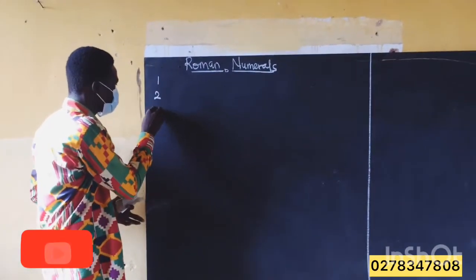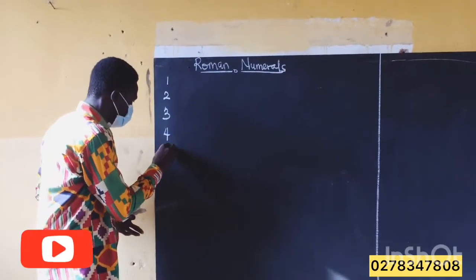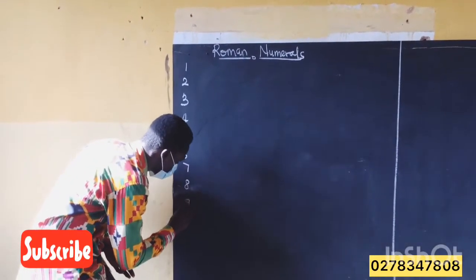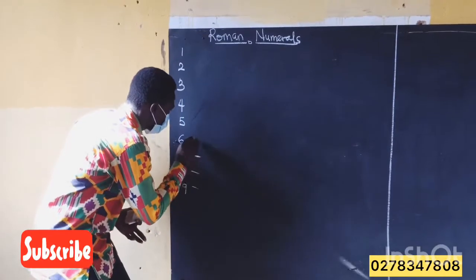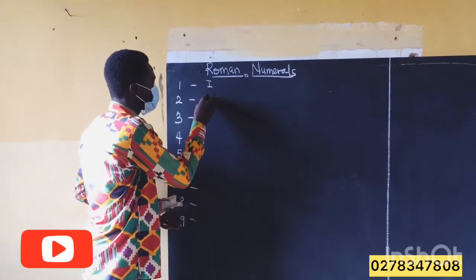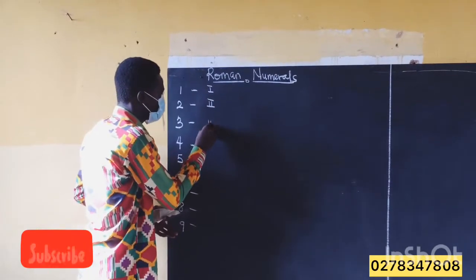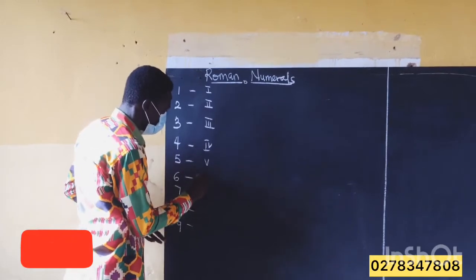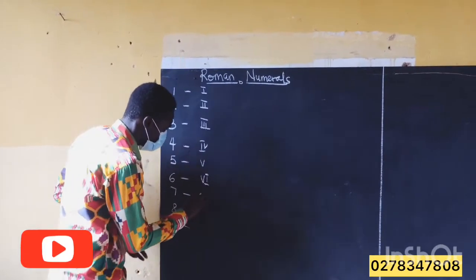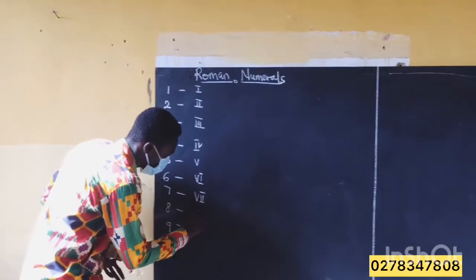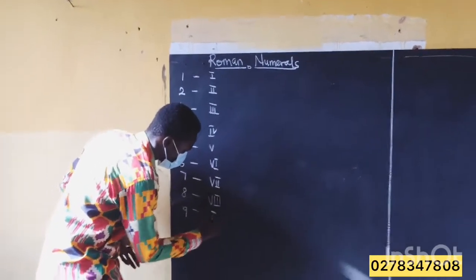1, 2, 3, 4, 5, 6, 7, 8, 9. So we know the Roman numerals for these numbers. This is I, V, and so on.